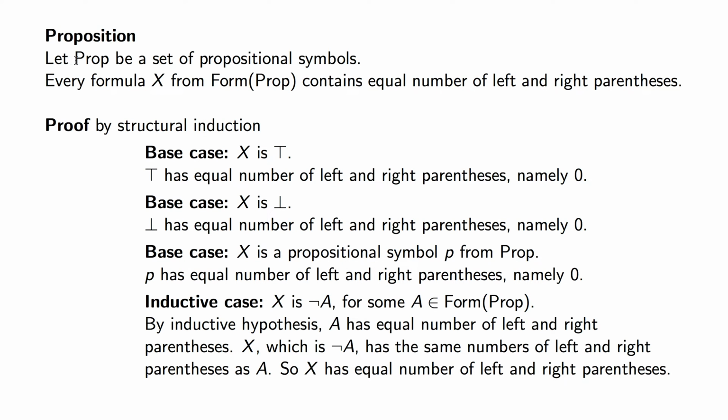Proposition: let prop be a set of propositional symbols. We claim that every formula X from form of prop contains equal number of left and right parentheses. The proof will be by structural induction.